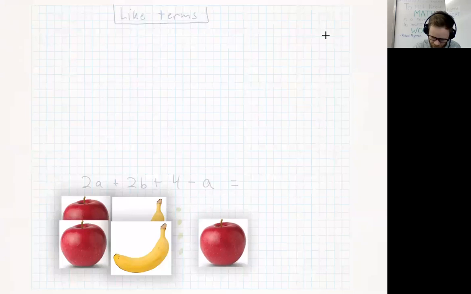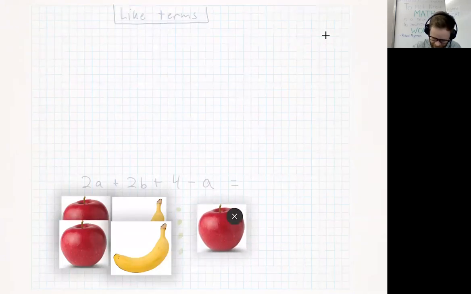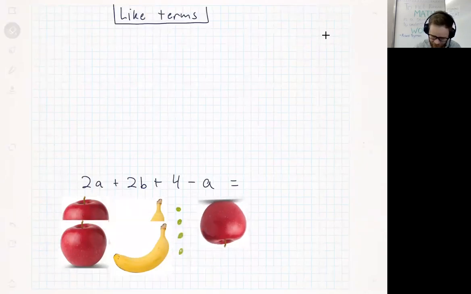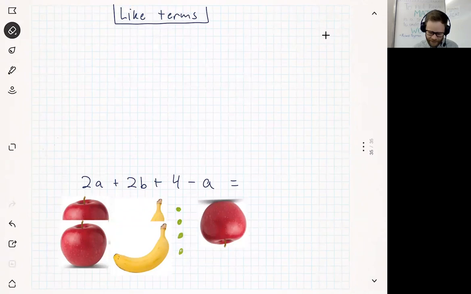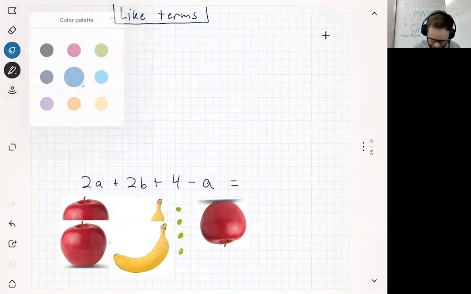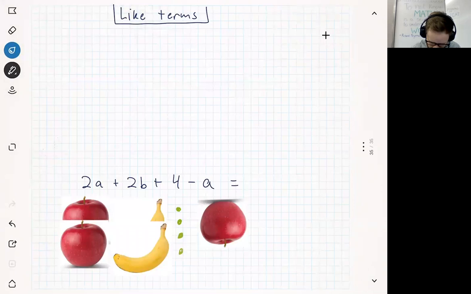And so what I'm going to do is to represent that this is a negative apple. We're subtracting an apple here. I'm just going to turn that apple upside down. So let's see what we can do. Can we combine these like terms? Can we simplify it? Well, the first thing I look at here is the apples. I've got 2 apples in this term, and then I'm subtracting an apple from it.